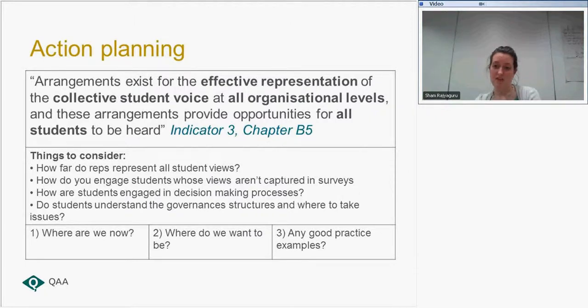I think the main thing coming out of this is that doing student engagement in an effective way is quite a key argument for institutions. Absolutely, Facebook, social media.